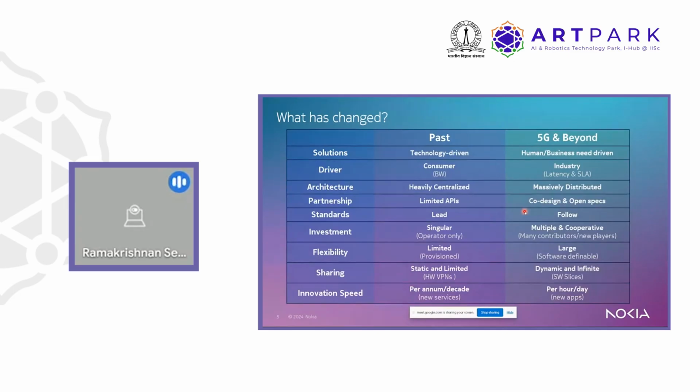And one of the drivers, which was previously just the discussion about bandwidth or a consumer, is now industry. Each and every enterprise is now interested in this new wireless platform of 5G, and they are looking at how much SLA can be offered with the existing infrastructure that an operator or an infrastructure provider is providing.